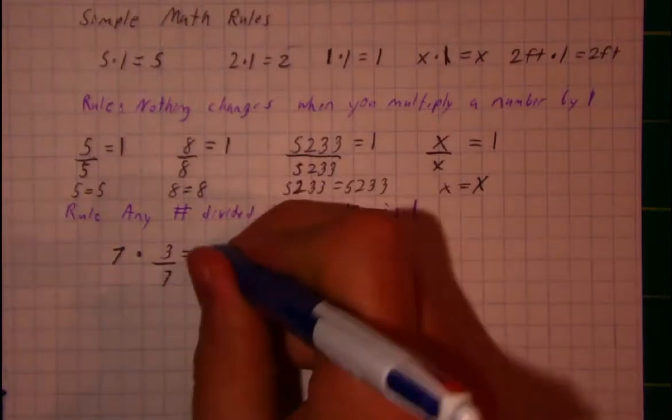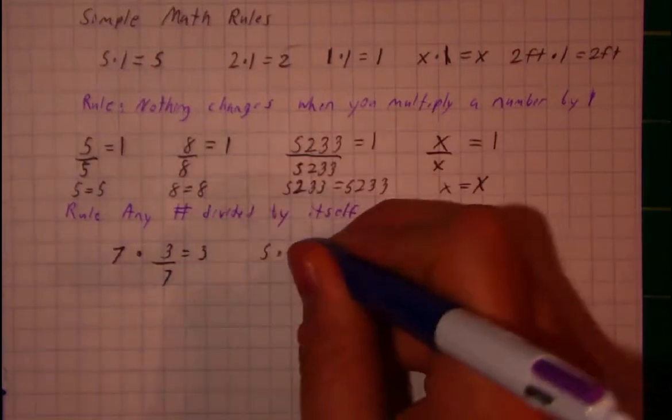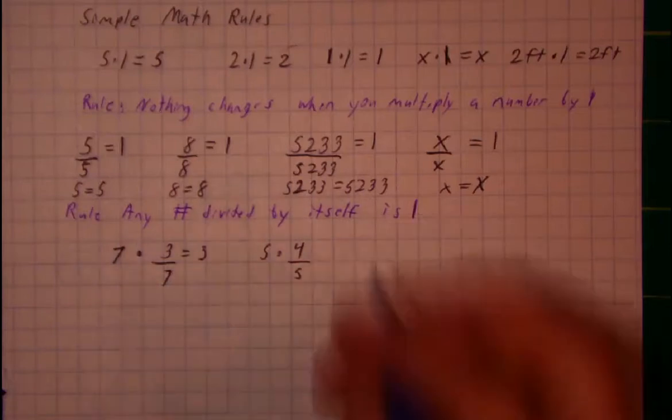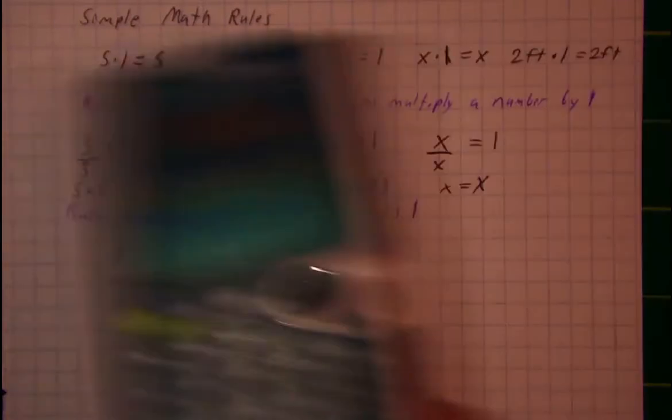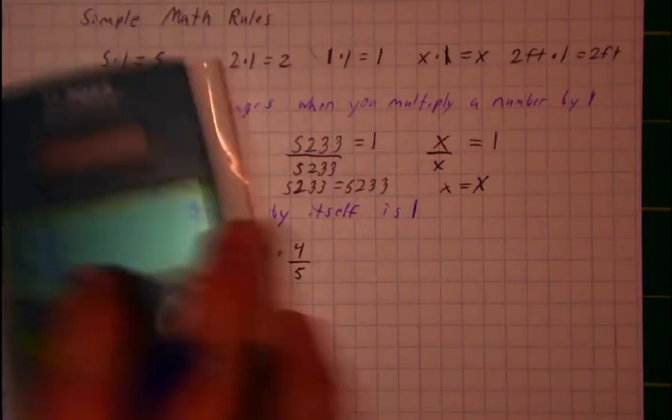What if I tried 5 times the fraction 4 over 5? We get 4.